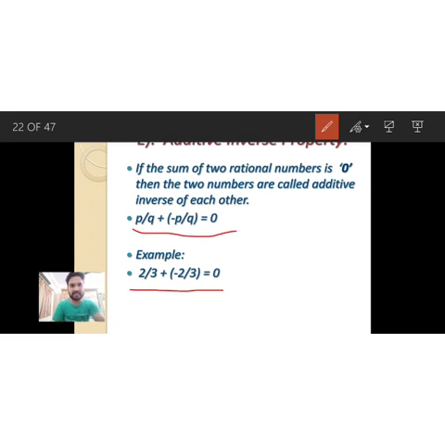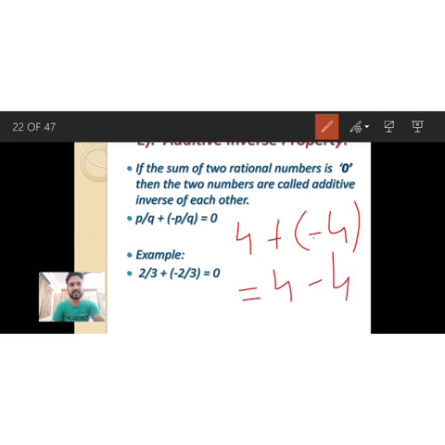Let us take a simple example. Suppose 4 plus in bracket minus 4. What's our final answer? Plus minus makes minus, so 4 minus 4 is 0.